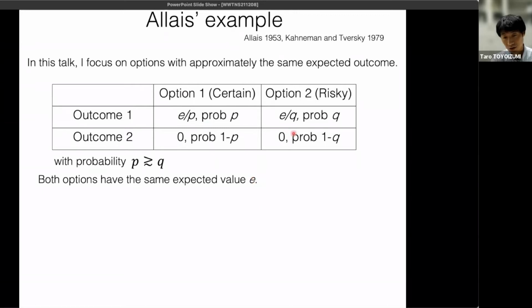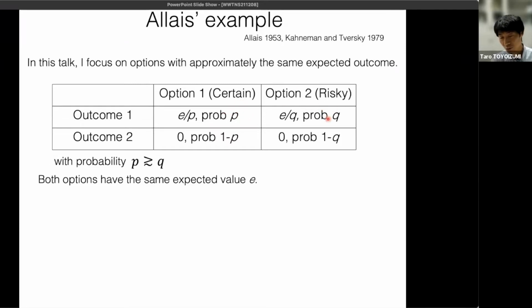The structure of option 2 is basically the same. It just has a different reward probability Q. And in fact, we assume that Q is slightly less than P. Because of this inequality, option 1 is the more certain option. The rewarding probability is higher.